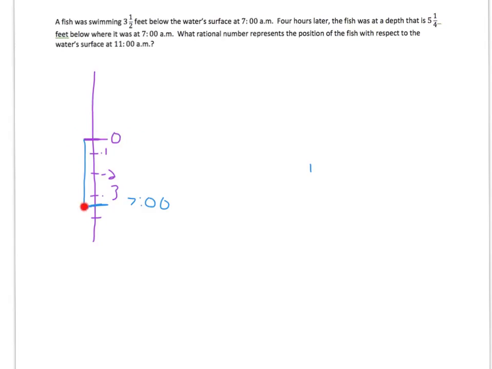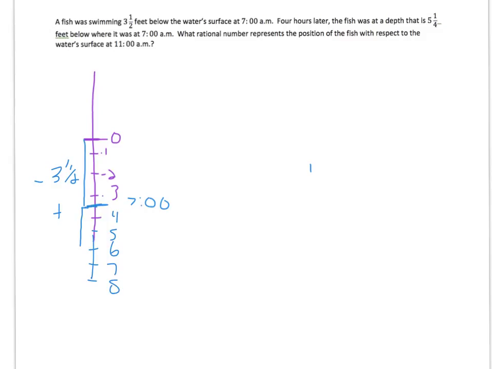So from this 3.5, we're going to go down. So this is 3 1/2 below. We're going to go down another 5 1/4. So this was 4, 5, 6, 7, 8. So now we went down.